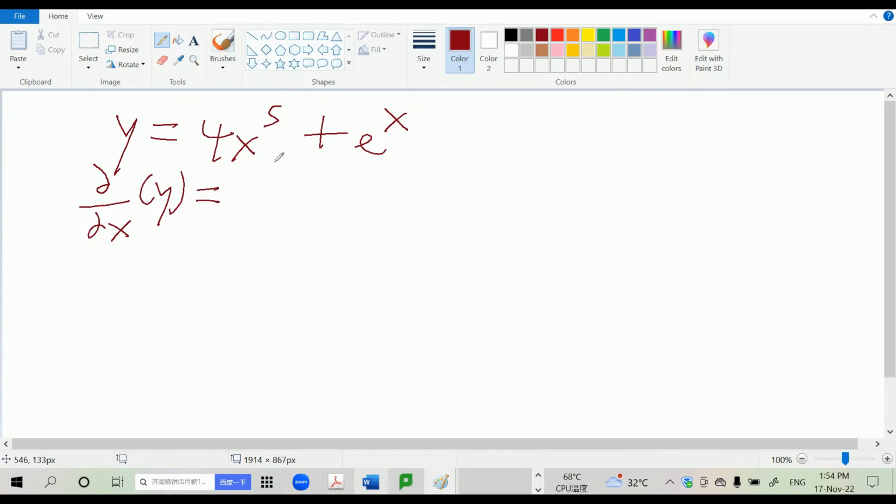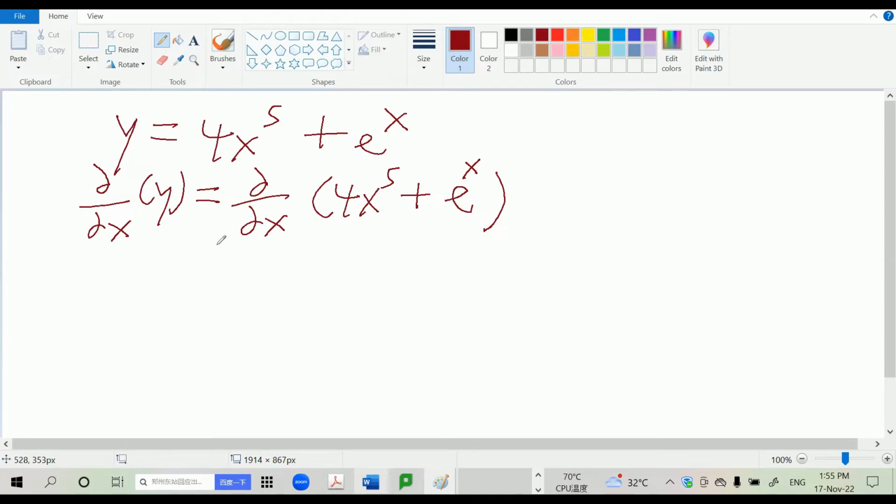Then on this right side, I will just do the derivative with respect to x of the entire two terms. So I will write it like this, d over dx of 4x to the 5th plus e to the x. Okay, so I just put all those two terms in these parentheses, and then d over dx is just outside of that. This is a formal way to take the derivative of both sides of this equation.